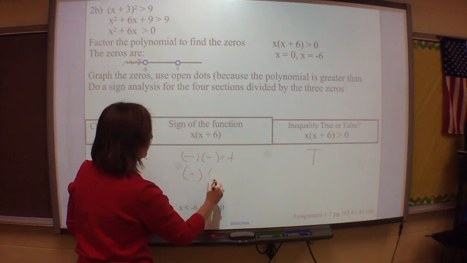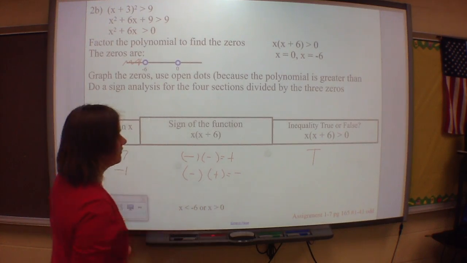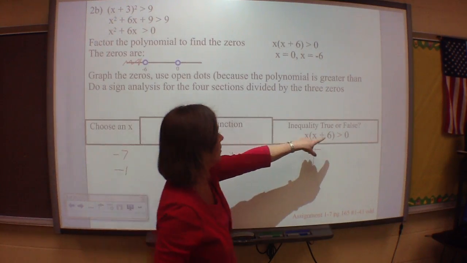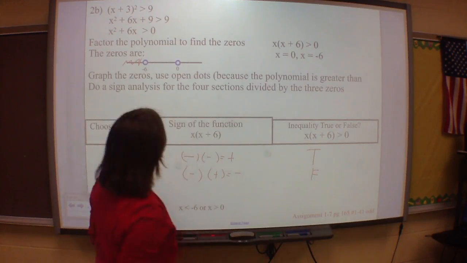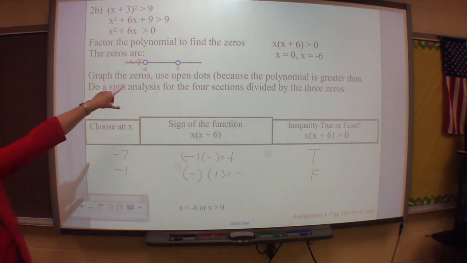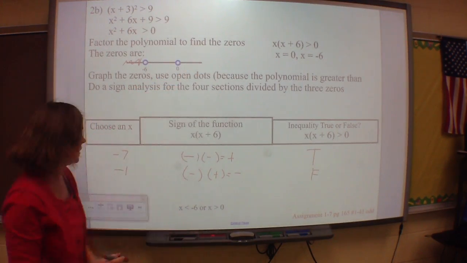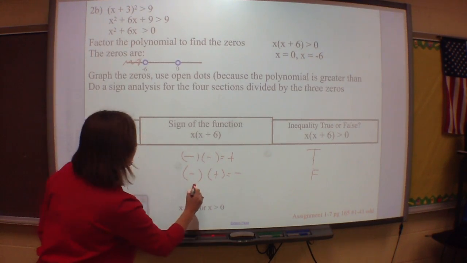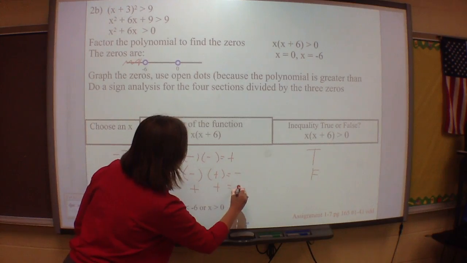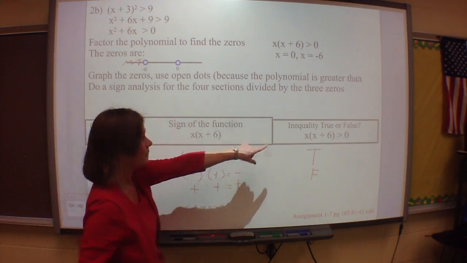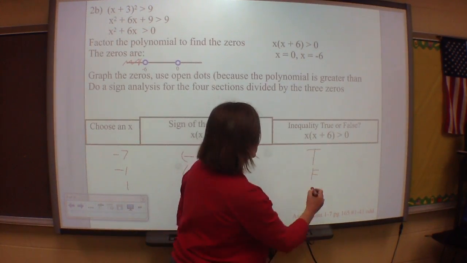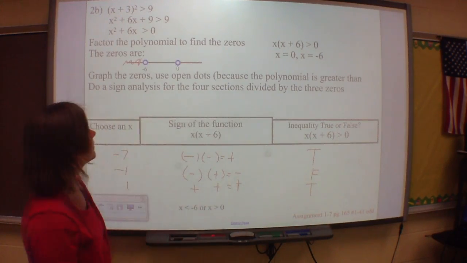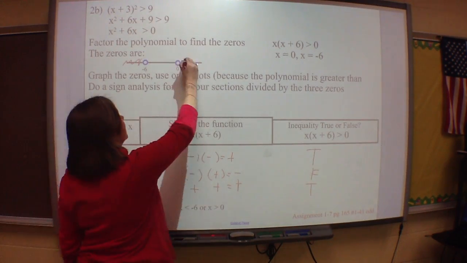I'll have a negative and a positive, which gives me a negative number. Is a negative number greater than 0? That's false. Pick something from 0 to infinity. Let's say 1. Plug in a 1, and I have a positive times a positive, which equals a positive. Is a positive number greater than 0? That is true.